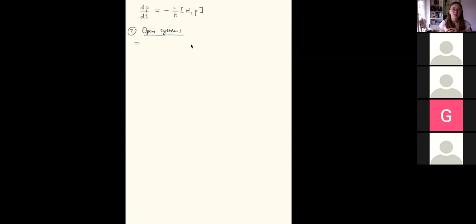So that's when we say, okay, our target system is an open system. We know that it interacts with the environment, but we just disregard that, and in the end we trace out the environment. But of course, in this case, the equation that we just derived will not work, because the evolution of this open system, as in the target system alone, is not unitary.